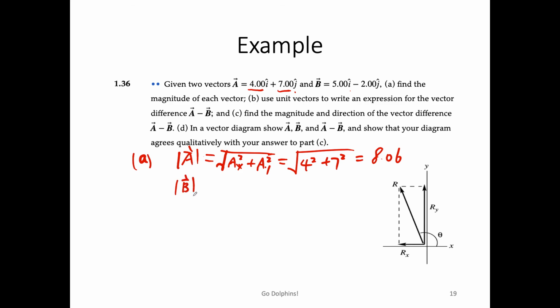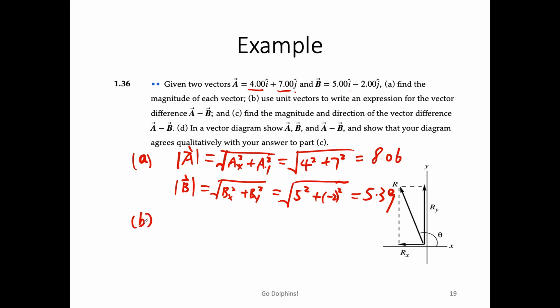Magnitude of B is the square root of bx squared plus by squared, and bx is 5, by is negative 2. So put it into your calculator, this is 5.39. So this is the magnitude of A and B.